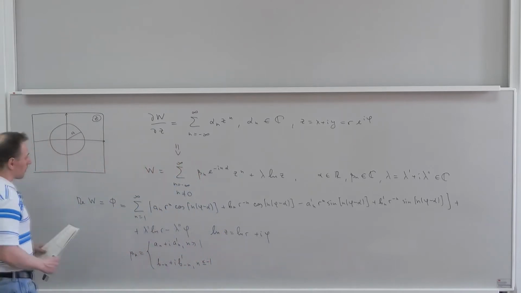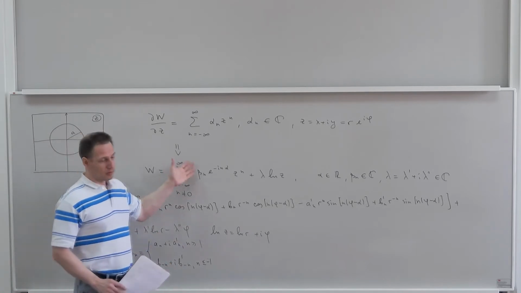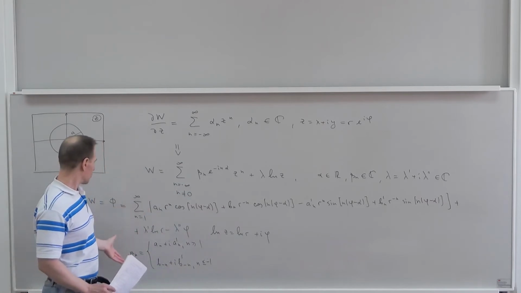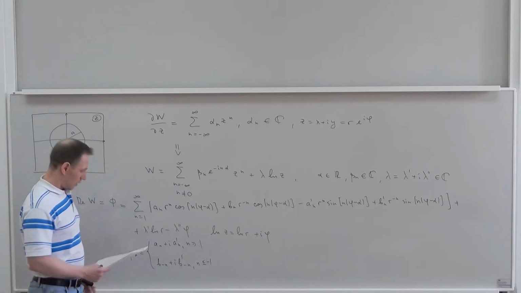So in fact, an and bn are the real and imaginary parts of beta n. And we can denote it in the following form for convenience.